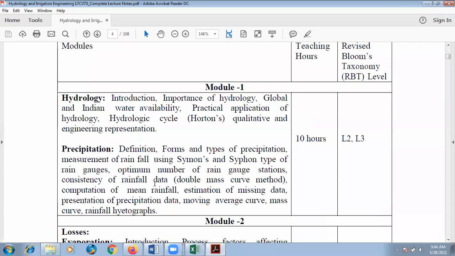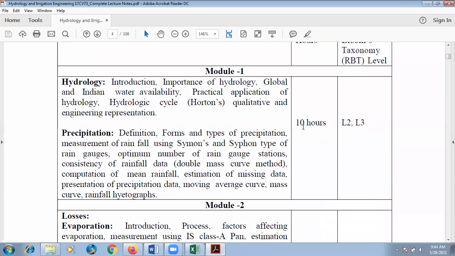So in module 1, quite a big chapter, even though it is said it is 10 hours, it took quite an amount of time for us to complete. There are two parts to what we have discussed. One is hydrology, the other is precipitation. In hydrology, we started with the introduction and also the significance of hydrology was discussed, and water resource availability in the world context as well as in the Indian context was discussed.